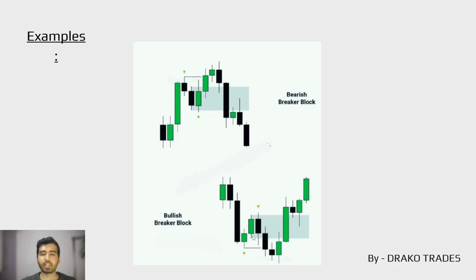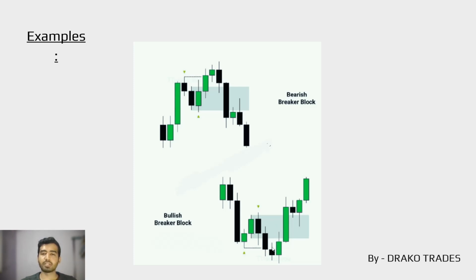So, breaker block is basically the last pullback before the liquidity sweep. Here in the bearish breaker block, this was the last pullback before the liquidity, and in the bullish breaker block, this was the last pullback where the price swept the liquidity, and so this price will often give reaction to this bullish breaker block.